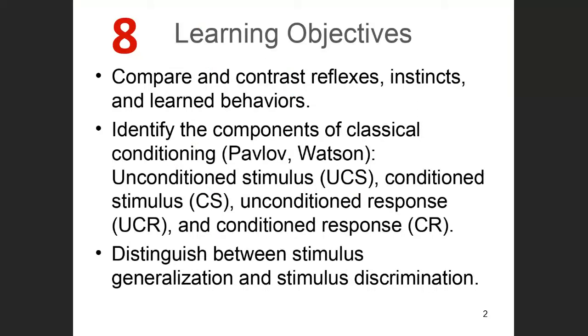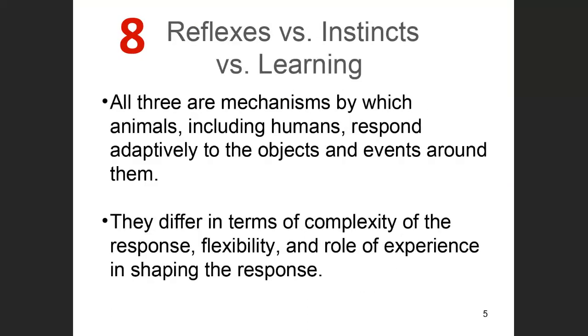Okay, so reflexes and instincts and learning are all ways in which we humans and animals respond and adapt to our environment. But the way that they differ is how complex they are and how flexible they are, and the role of experience.